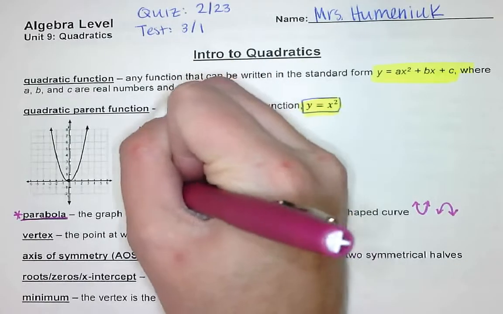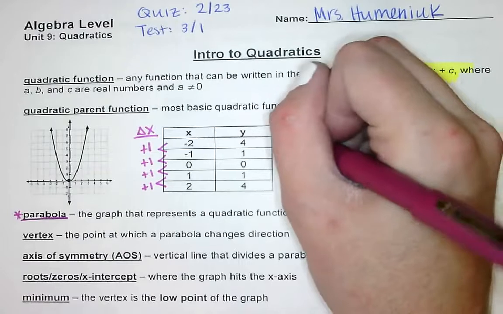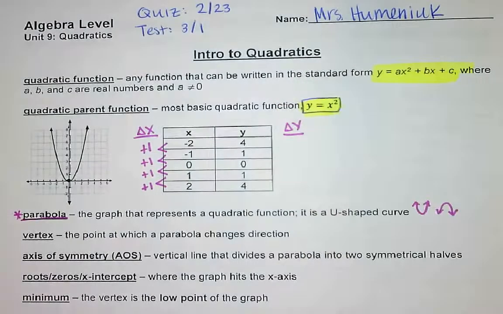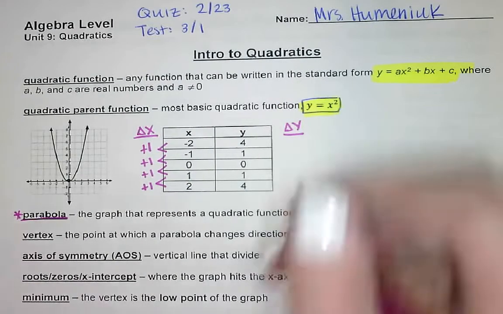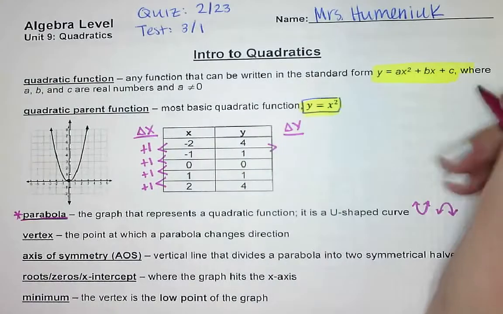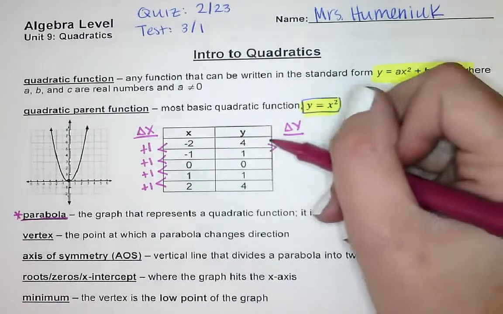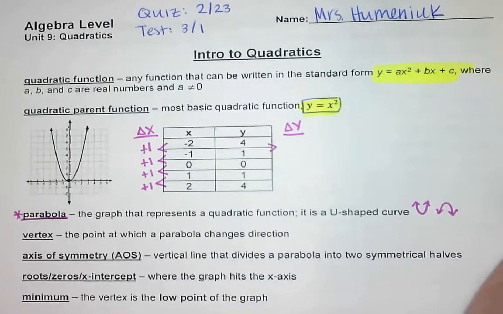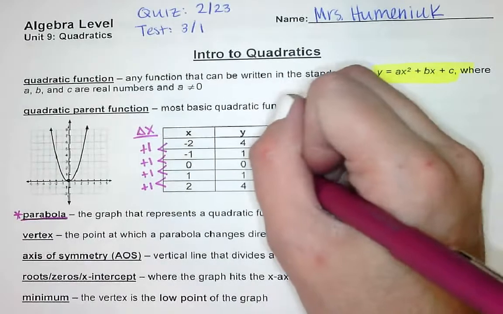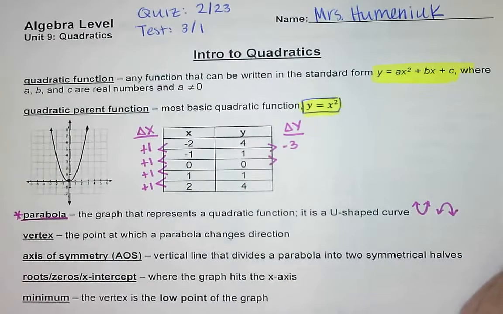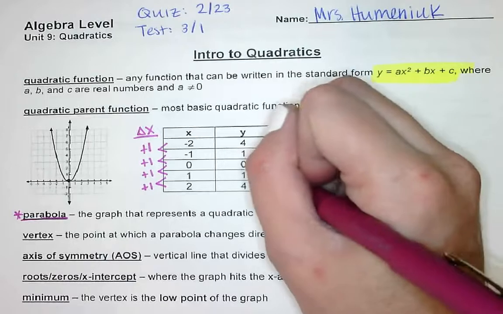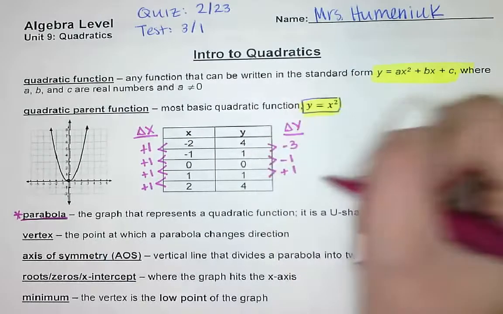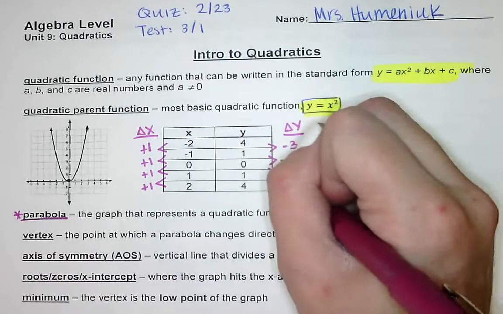So we're adding 1 each time. And the change in our y would be, what are we doing here each time? To get from 4 to 1, what do we do, y'all? We're subtracting 3. Okay, to get from 1 to 0, what are we doing? We're subtracting 1. Okay, and now we're adding 1 and adding 3.